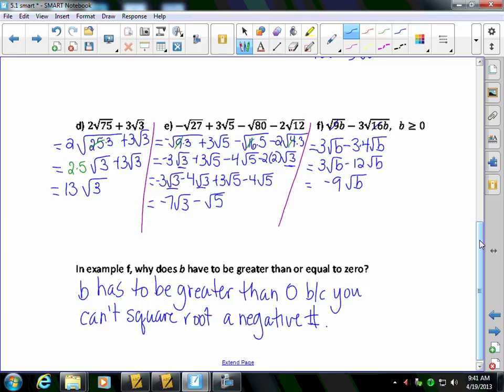So if b was equal to negative 4, you can't have a negative value underneath there. So in the first one, you'd have square root of negative 36, which you can't do.